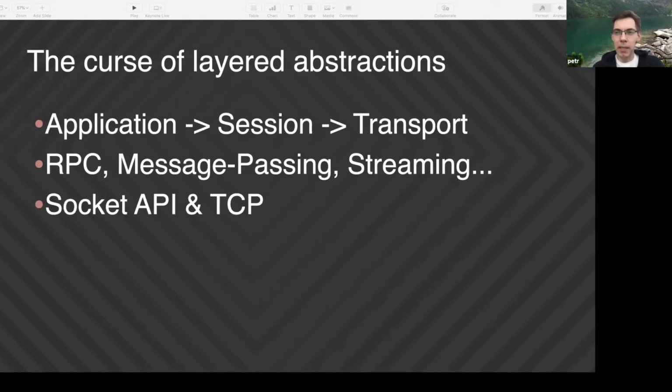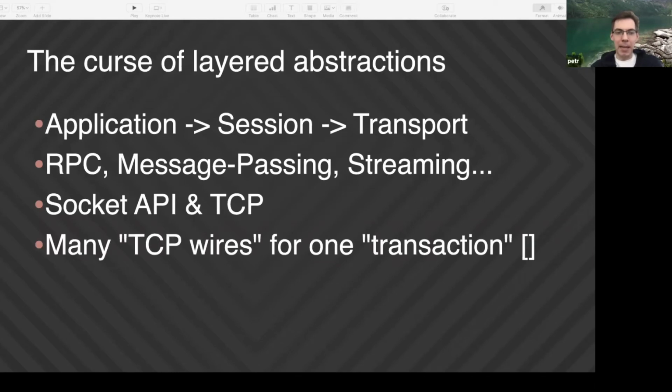At the same time, we have a pretty old-school API, the sockets API, that's pervasive everywhere, which was written in the 80s and was probably not really considering the realities of the modern world, and deals with TCP, which is just a byte stream protocol.